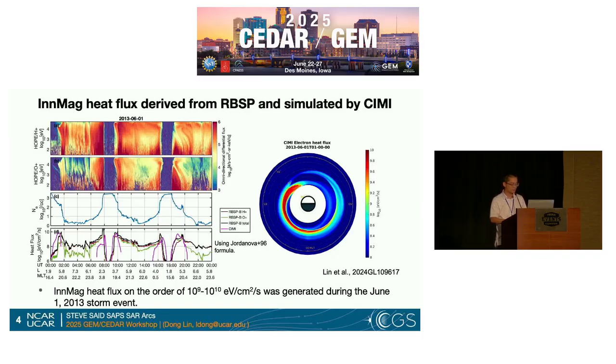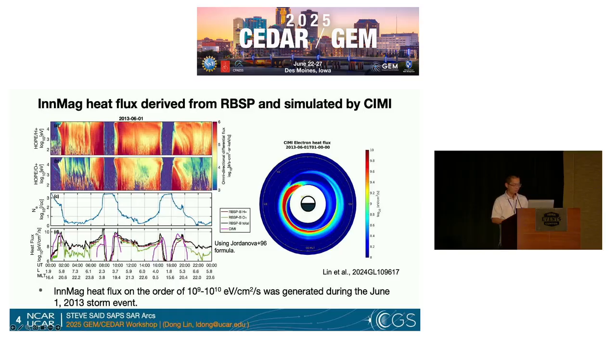This one deals with the Coulomb collision heat flux, and I know my teammate Anthony will share some similar results from the RIGU, another inner magnetosphere model. Here is a quick validation of the heat flux results by comparing with Van Allen Probes measurements, and they show good agreement, qualitatively and in magnitude.